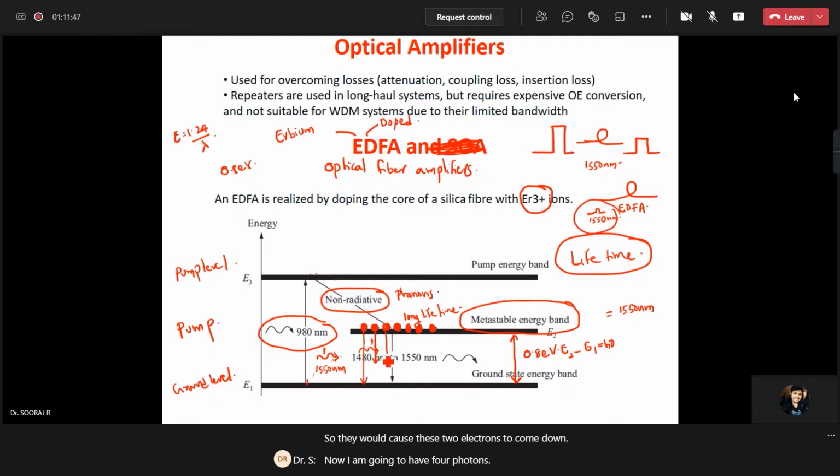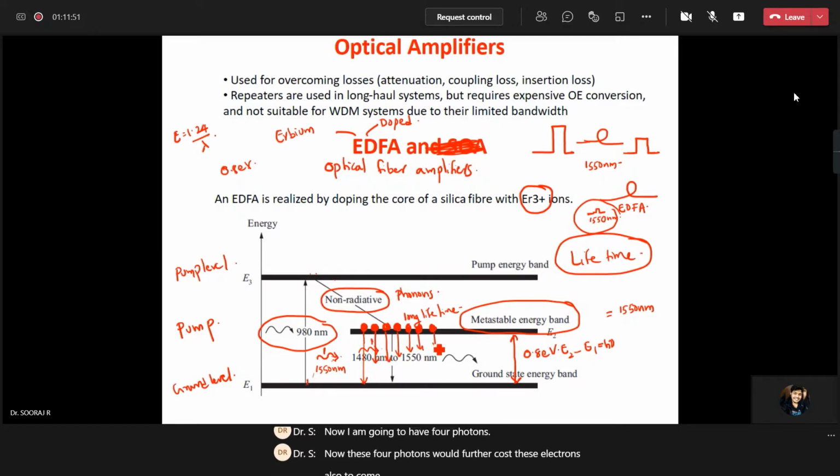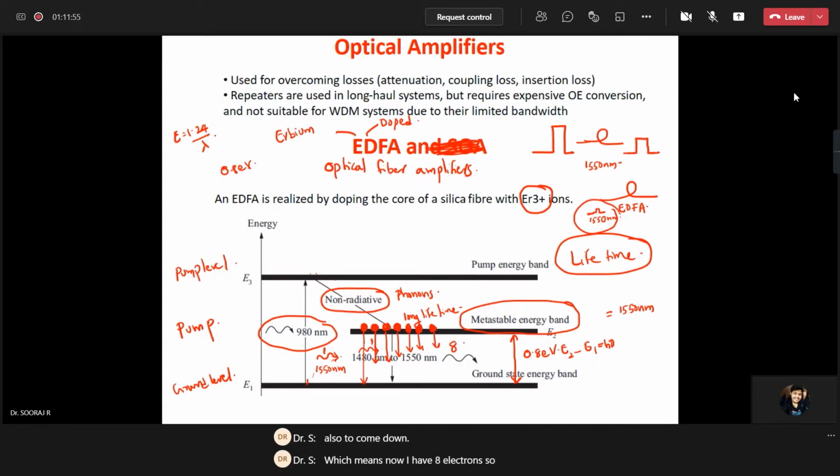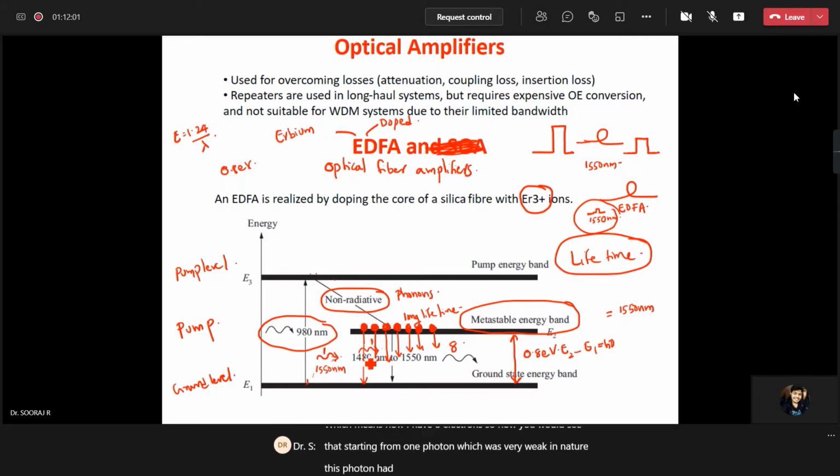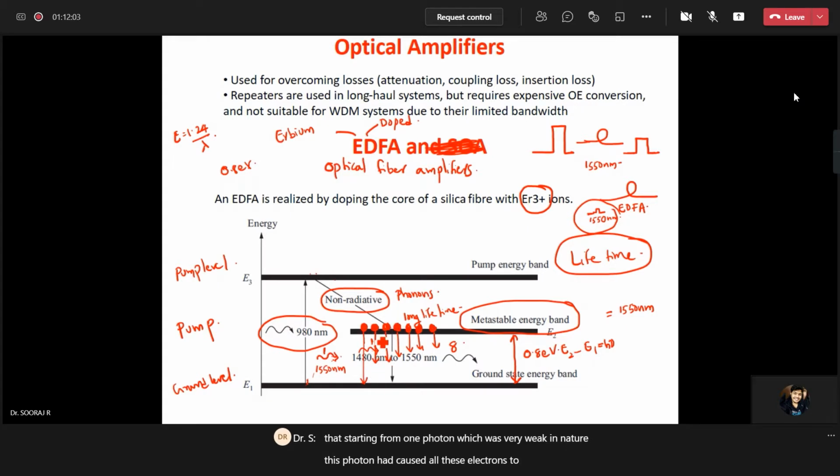These 4 photons would further cause these electrons also to come down, which means now I have 8 photons. So starting from one photon, which was very weak in nature, this photon has caused all these electrons to de-excite, and now I have achieved amplification. I have achieved amplification without converting it into any electrical signal.